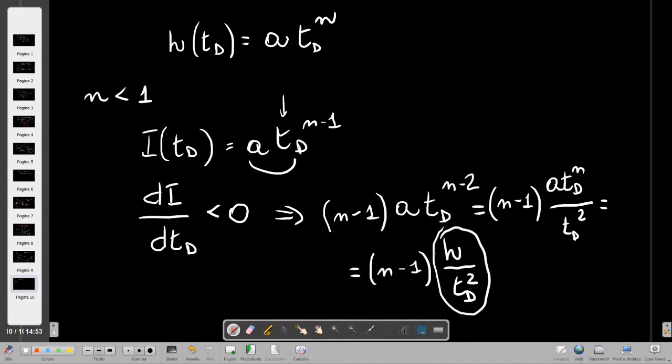This term is physically higher than 0. As we need to have that the derivative of the average intensity with respect to the time duration of the event must be lower than 0, this should be lower than 0.